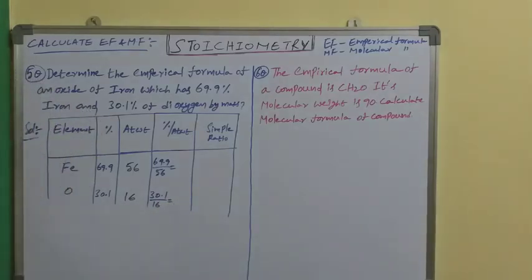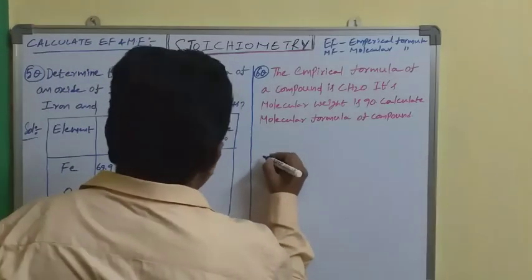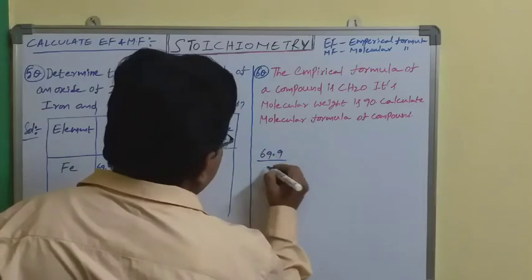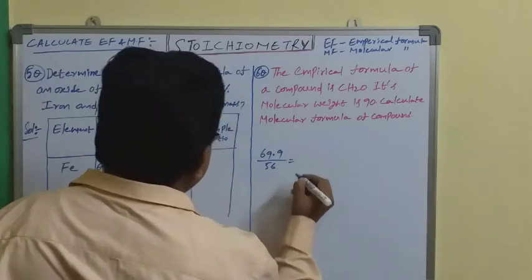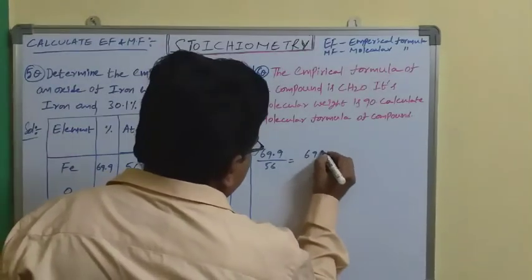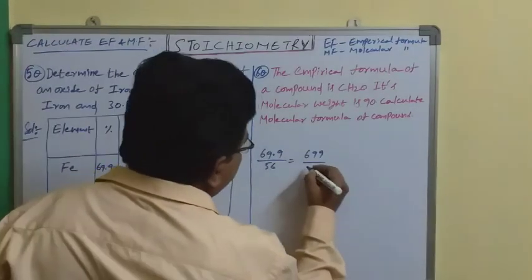Now I am simplifying this. 69.9 divided by 56. First to remove the point in the numerator, 699 by 56.